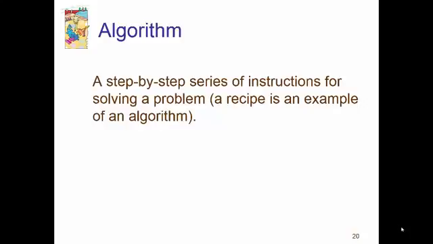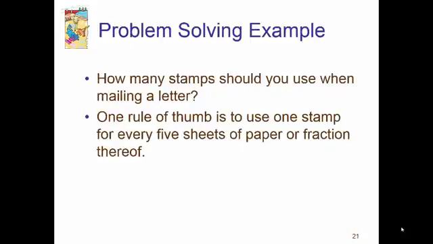So we talked before about an algorithm. An algorithm is a step-by-step series of instructions for solving a problem. So a recipe could be an example of an algorithm. So how many stamps should you use when you're mailing a letter? One rule of thumb is to use 1 stamp for every 5 sheets of paper or fraction thereof.